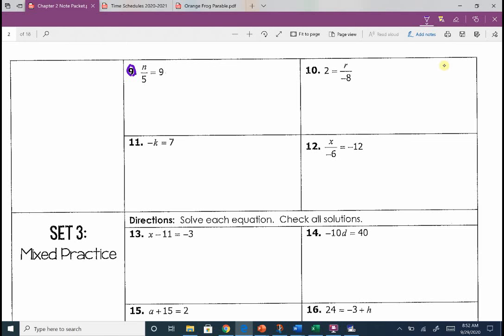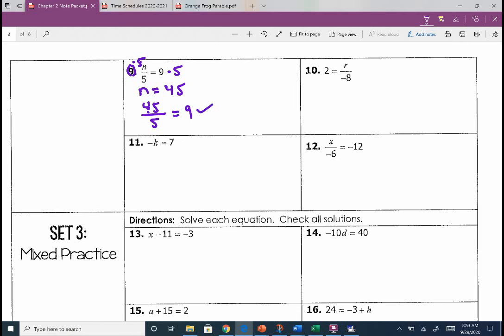So we're going to multiply both sides times 5. N equals 45. You can check it. 45 divided by 5 equals 9.